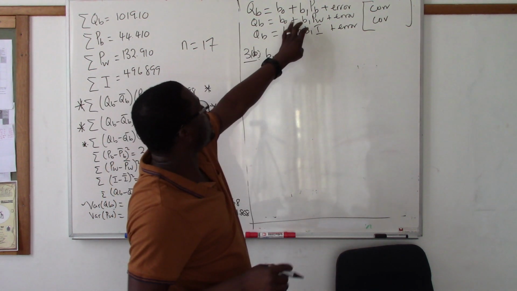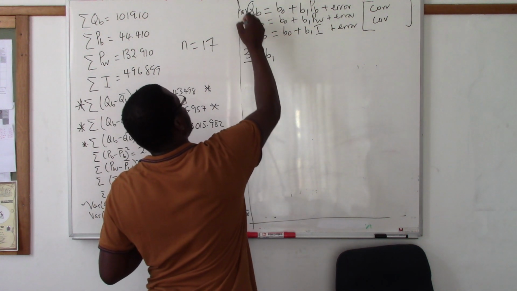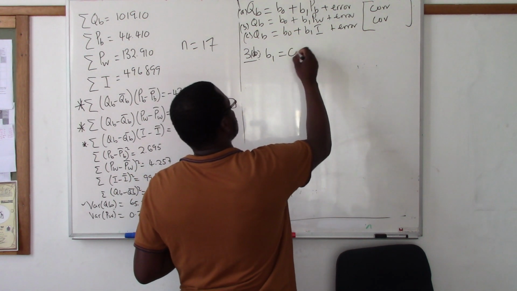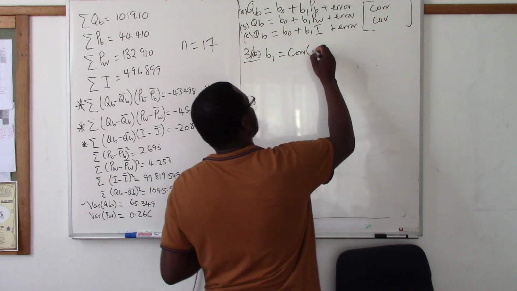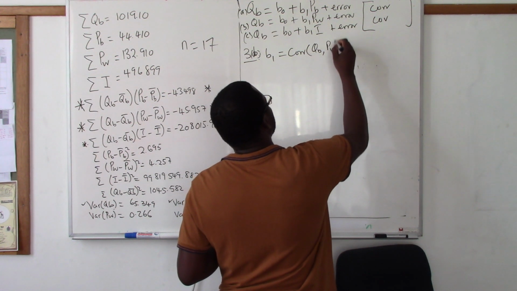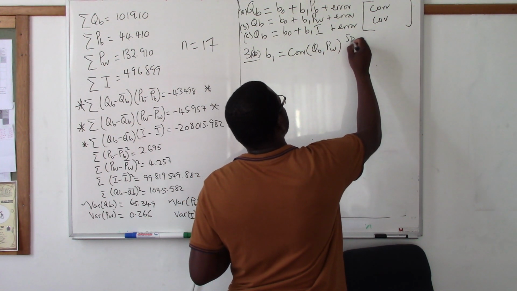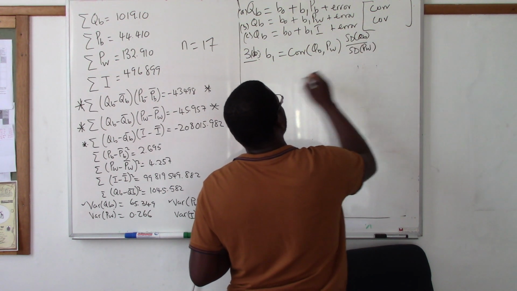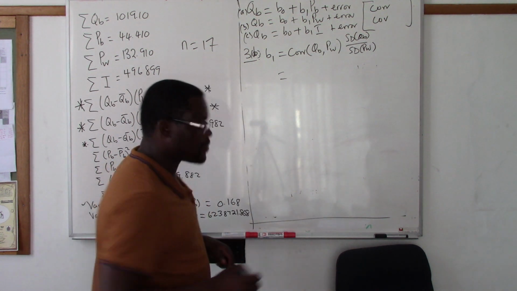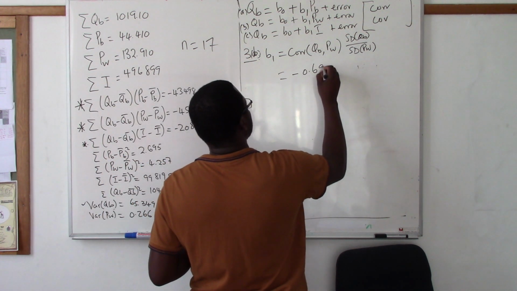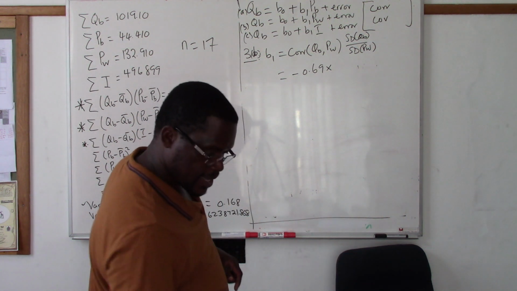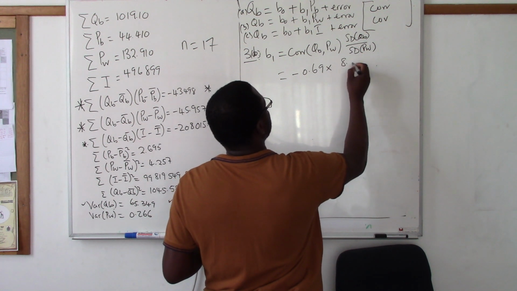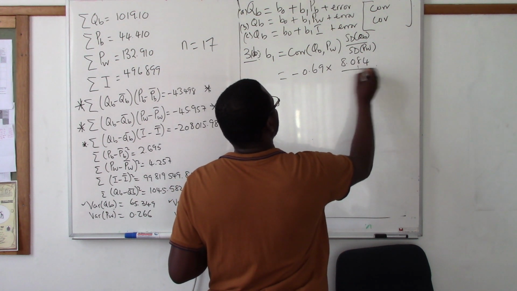Therefore, B1 in part B, we are now in part B. This is for A, this is B, this is C. In part B, B1 is equal to a correlation of QB PW by SD QB over SD PW. The correlation was minus 0.69, and we are multiplying that by 8.084.